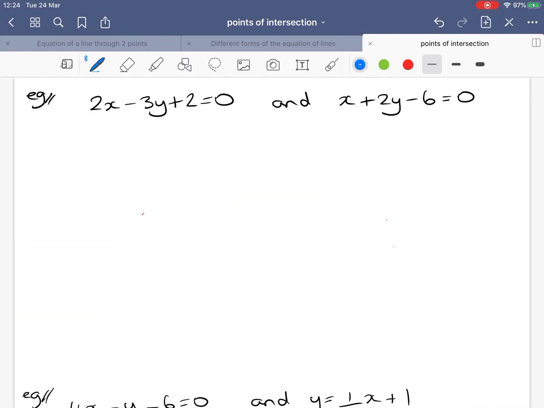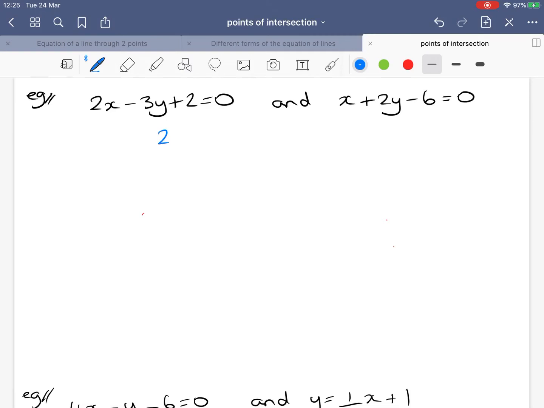Okay, we might have two equations that are in standard form. So we can actually solve these in a totally different way, because if we look at these two equations, we sort of think about simultaneous equations.